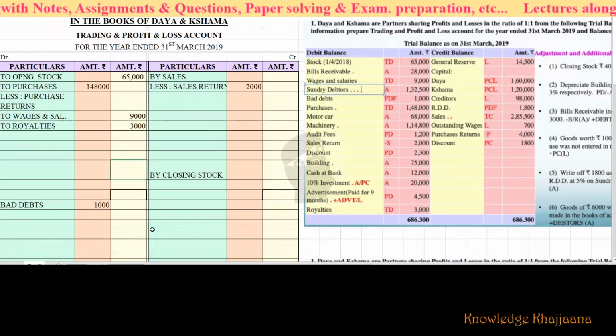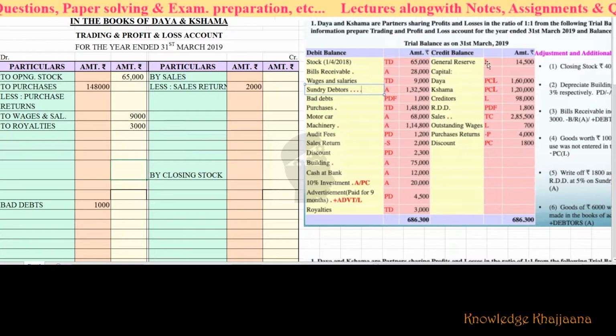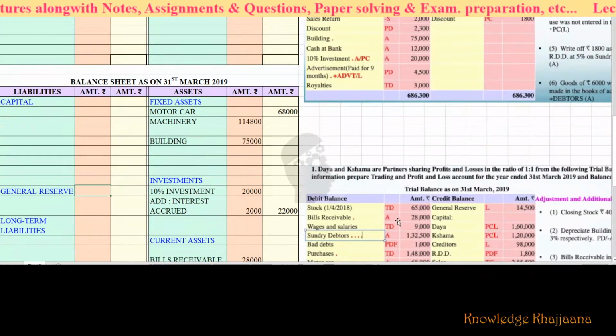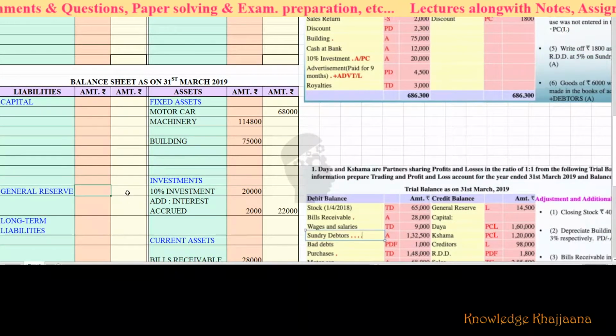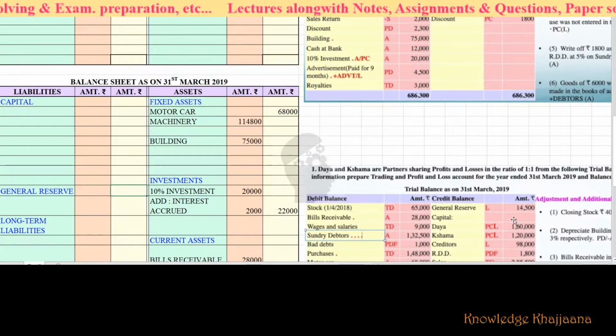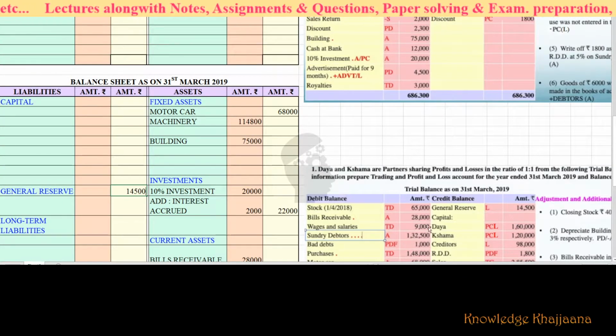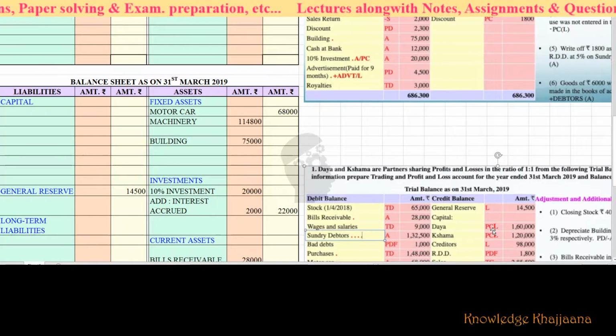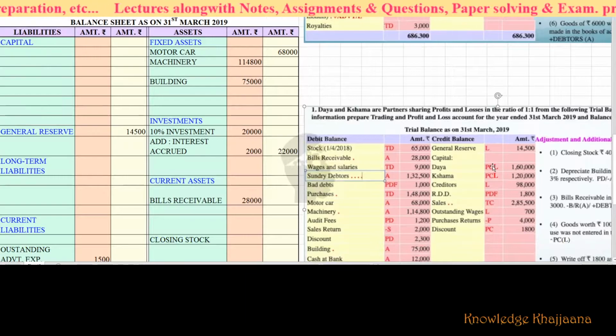Now general reserve. General reserve is a liability, so where will it go? Balance sheet liability side. General reserve rupees 14,500. There is no adjustment. Then capital. Capital again, partners' capital, liability side.